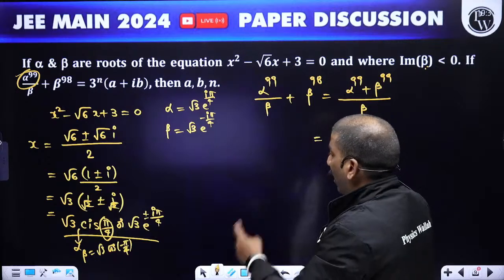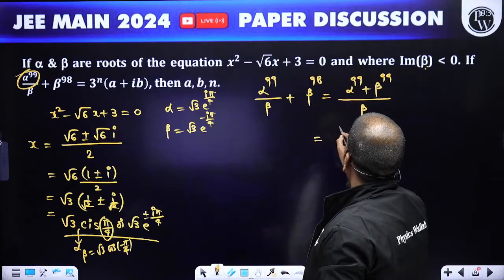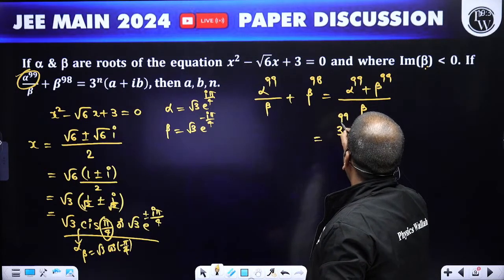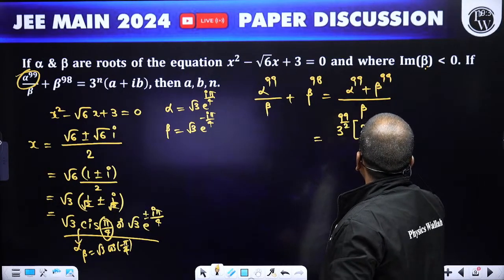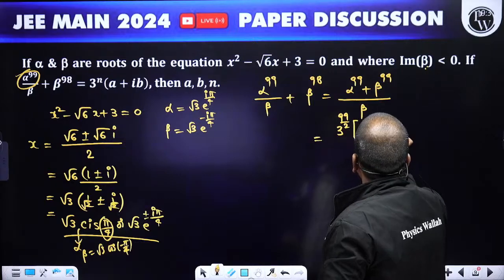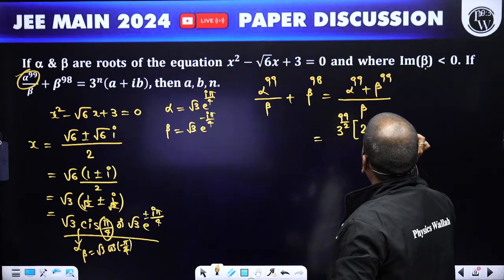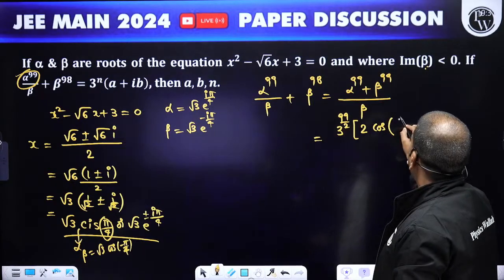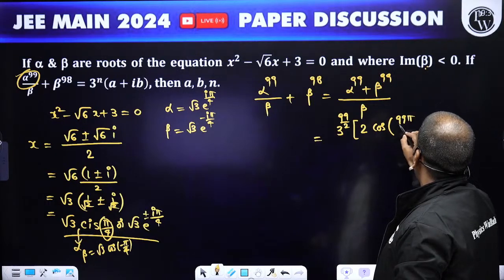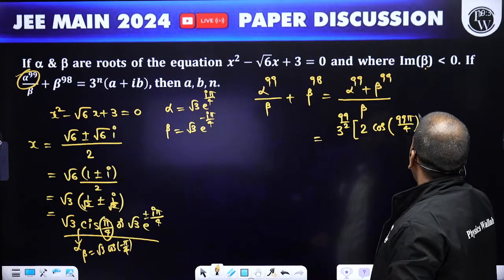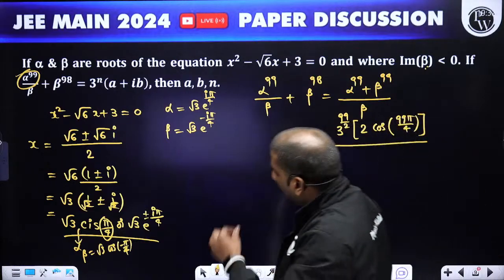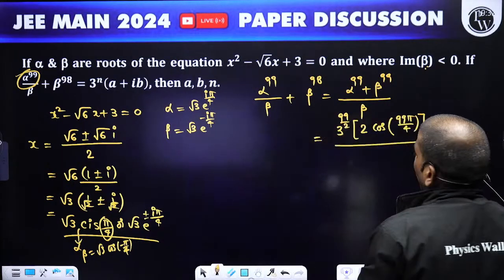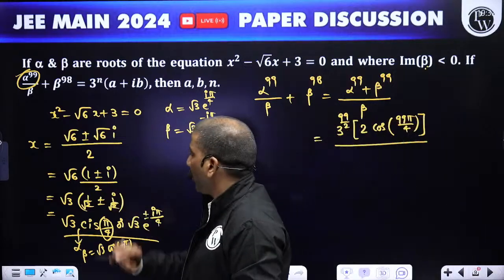So what you will get is 3 power 99 by 2 times cos, where sin gets cancelled, that is cos of 99 pi by 4 in the numerator. What about the denominator?